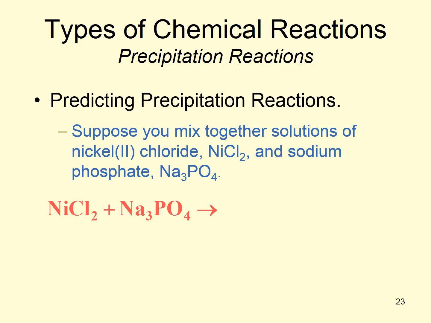And so we're just going to look at what are my other two possibilities. Well, keep in mind that two positive ions, the nickel and the sodium, will not combine together because they're the same charges. They're not going to go anywhere near each other. So we really only have two other possibilities. The positive ion from one going with the negative ion of the other compound, and then the positive ion from the second compound going with the negative ion of the first compound.